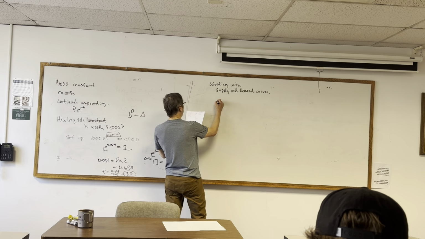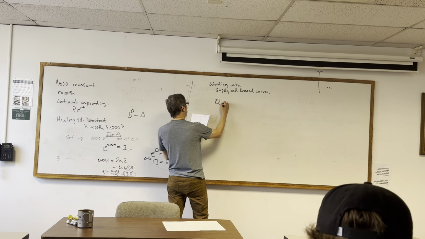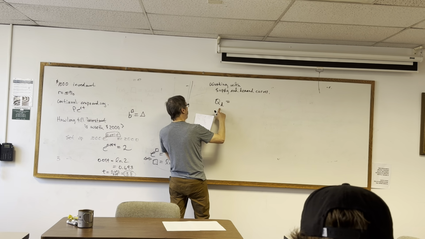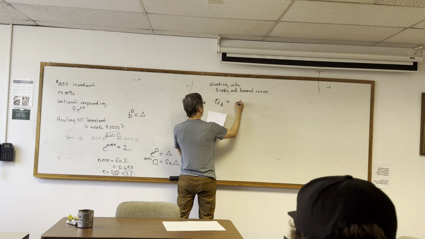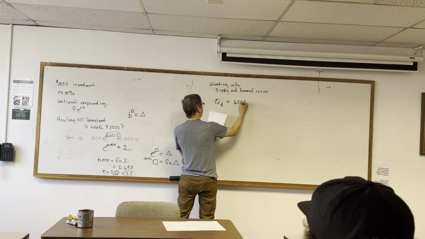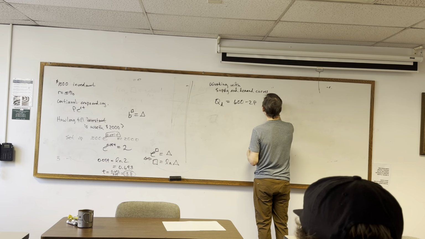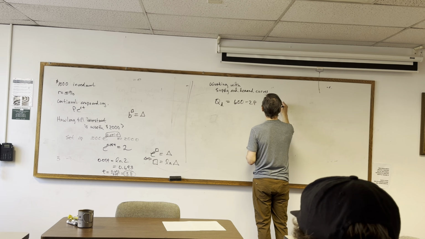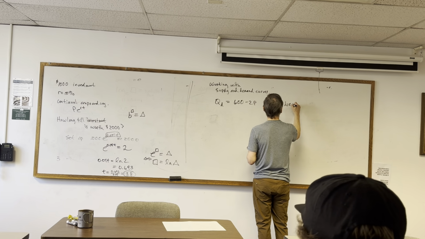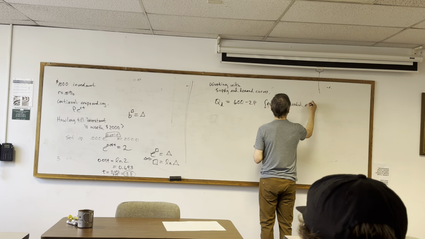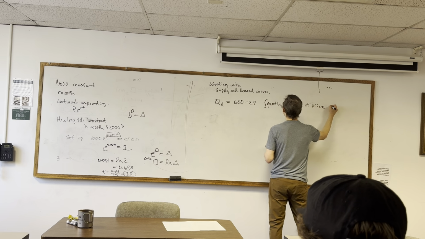So we've got a couple quantities. We've got Q, and I'll put a little sub D. This is the quantity demanded at price P. So let's say that's 600 minus 2P. So this is quantity demanded at price P.